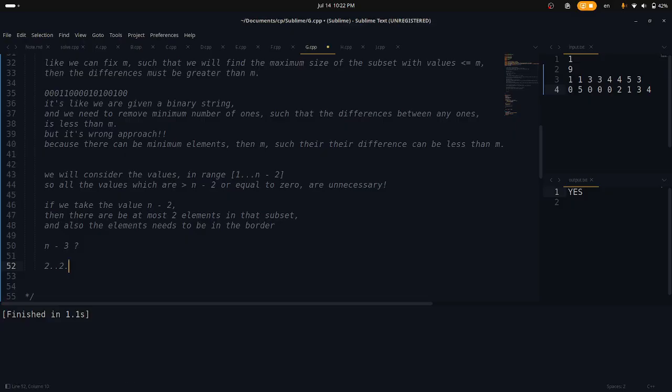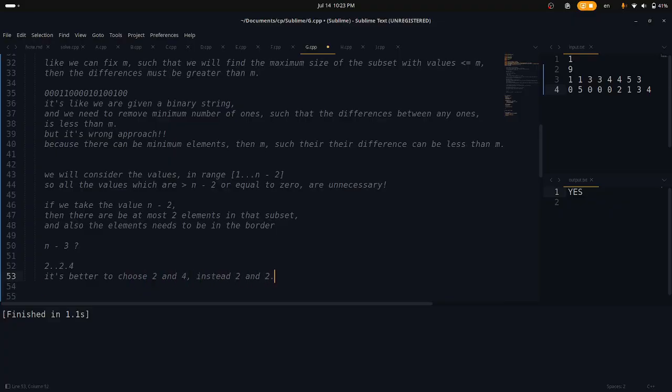Maybe like 4 here, because the difference is 1, 2, 3, 4, 5. 4 here. This is better. This is better, right? Better to choose 2 and 4 instead.